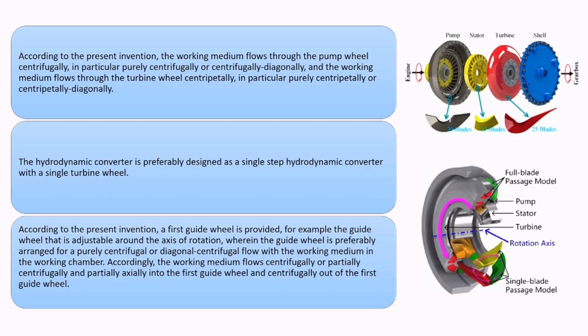For example, the guide wheel that is adjustable around the axis of rotation, wherein the guide wheel is preferably arranged for a purely centrifugal or diagonally centrifugal flow of the working medium in the working chamber. Accordingly, the working medium flows centrifugally or partially centrifugally and partially axially into the first guide wheel and centrifugally out of the first guide wheel.